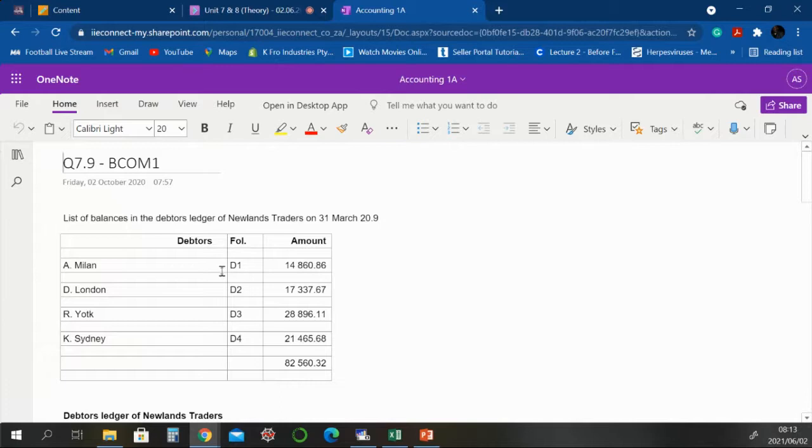But one thing that we didn't touch on is that over and above doing each individual creditor and each individual debtor, we then also have a list of debtors and a list of creditors. In this question, we only focus on your individual debtors, but the principle is exactly the same for your individual creditors. Does that make sense? So let's get into it and see what's going on over there.